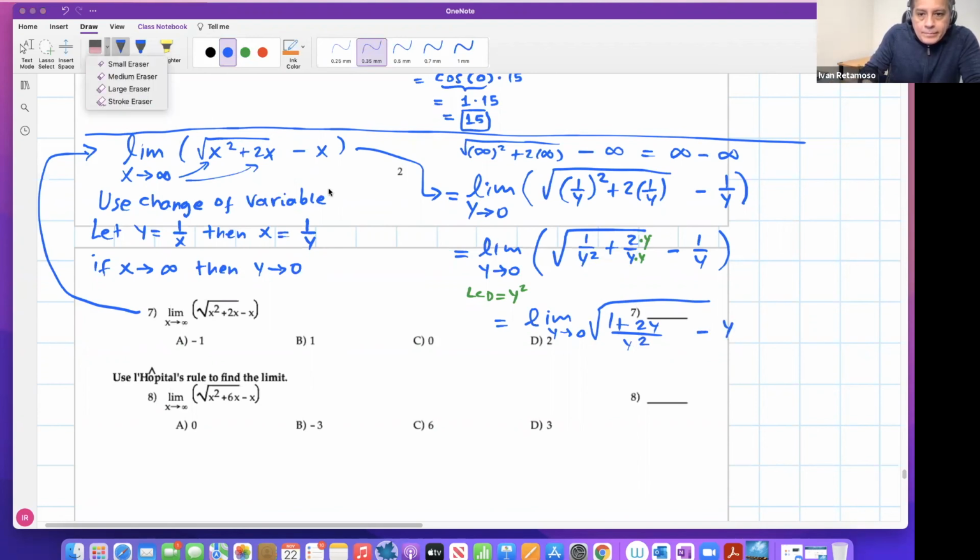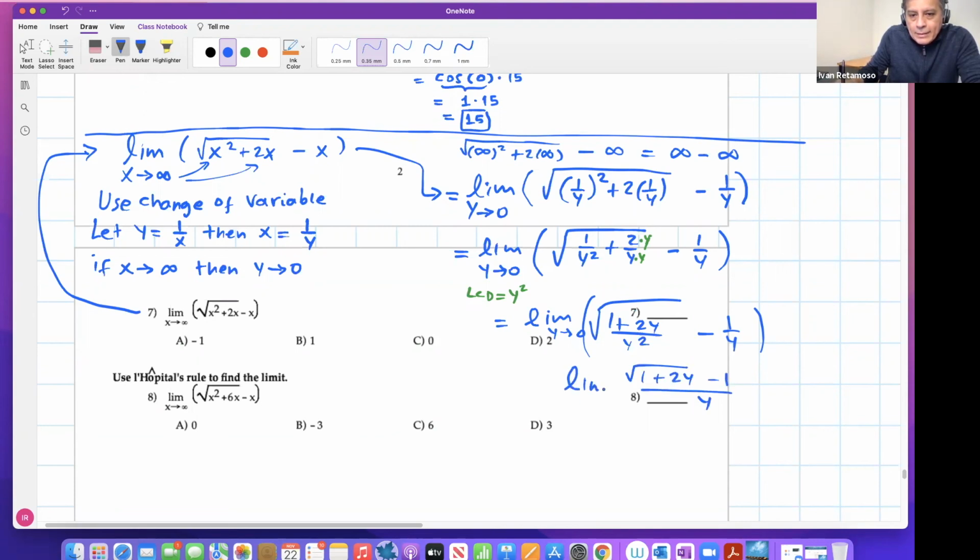Now notice that doing this simplifies things, because the square root of y squared is just y. So I end up with the square root of 1 plus 2y, minus 1, over y.